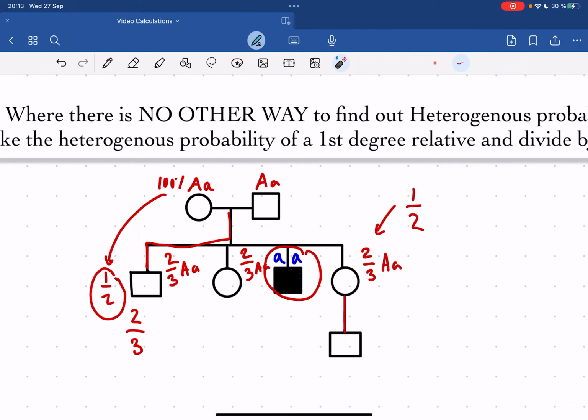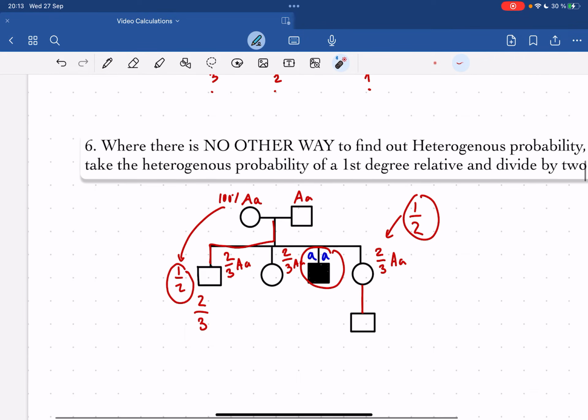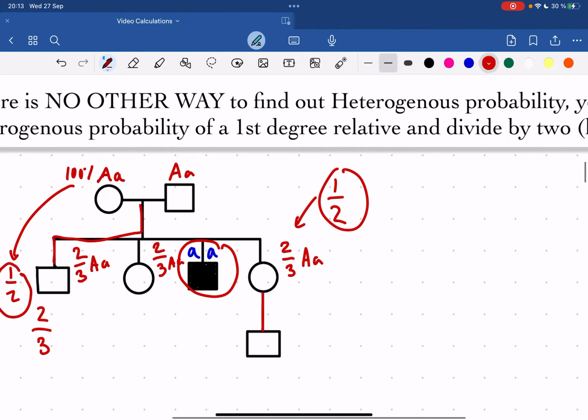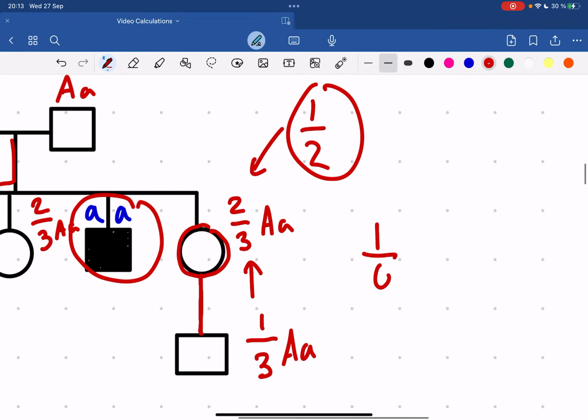Here, however, there's no other way to see it. There's no other way to find out the heterozygous probability besides taking 1/2 of the heterozygous probability of a first degree relative. Okay, so a first degree relative, that would be this person, so it would be half of this, which is 1/3. Okay, a lot of people make the mistake and write 1/6.